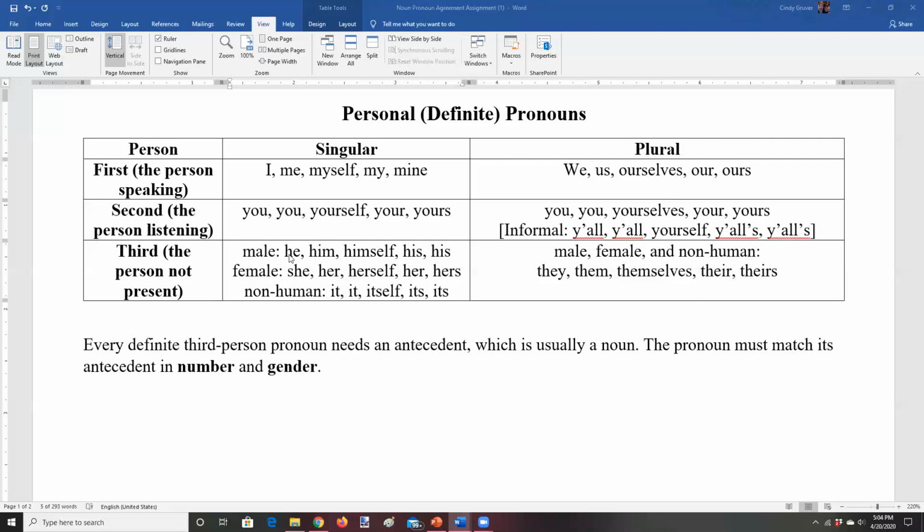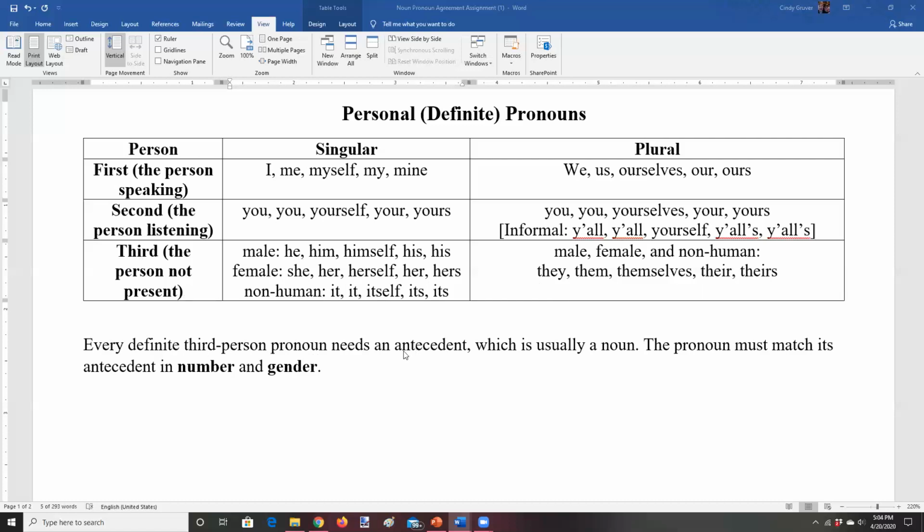You know I'm not talking about both because I didn't say they are really good guys, right? So it's ambiguous. Which one of the two fellows we've been talking about did I mean to refer to? And that's where we get into the idea of an antecedent. Third person definite pronouns require an antecedent.